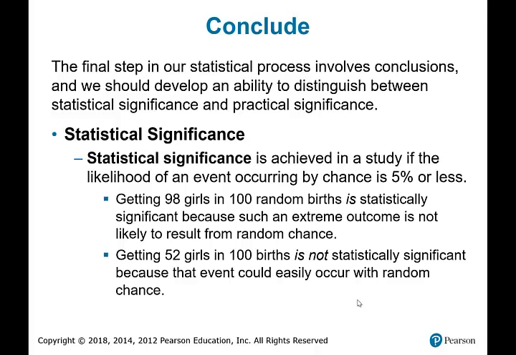Now, as the number of births increases, you would expect to be more at the 50% mark. But here, 52, 50, 48, somewhere in that 50 range does not seem to be anything unusual going on. So we say that it is not statistically significant, because that could easily occur by chance.